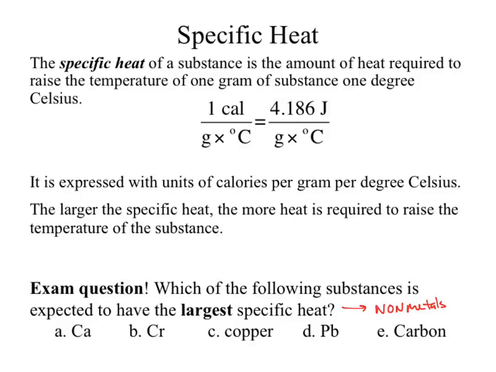Our symbol for copper is Cu, which shows up in the metal range. Pb, which is lead, also shows up in the metal range. Carbon, a C, is our nonmetal. What do we have? Our answer.